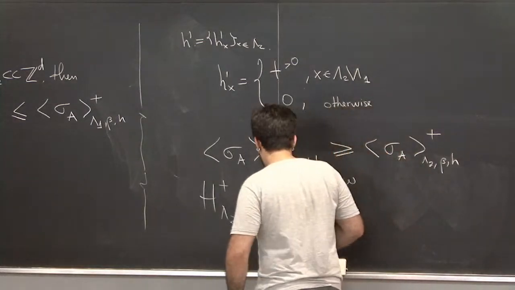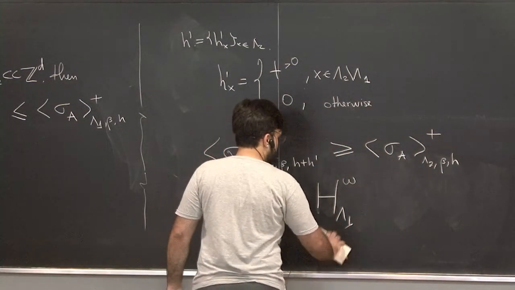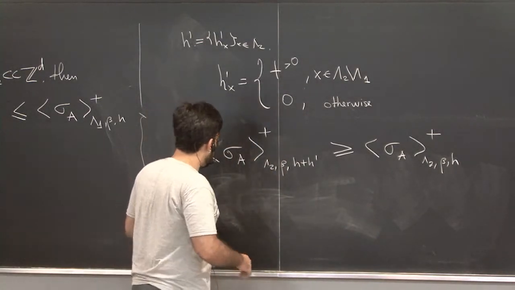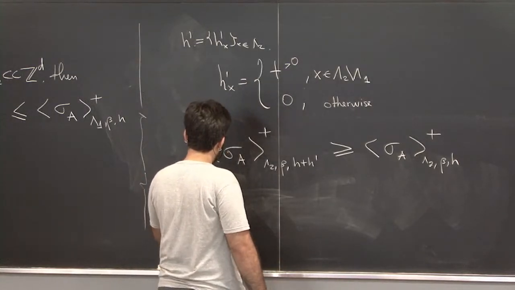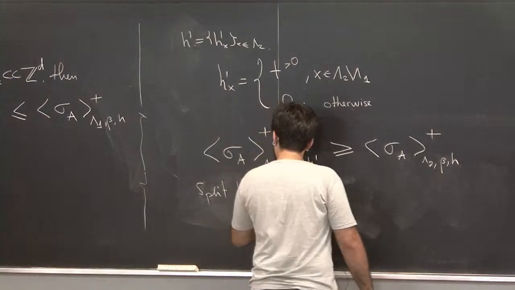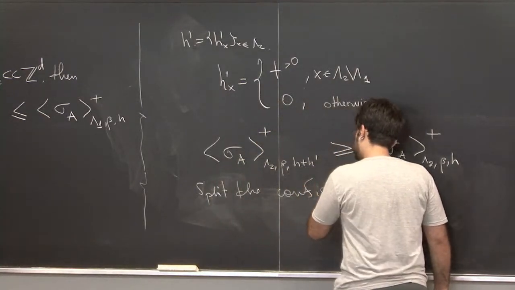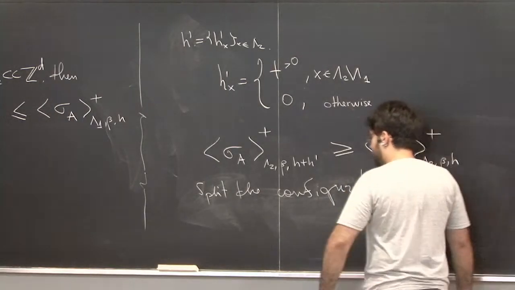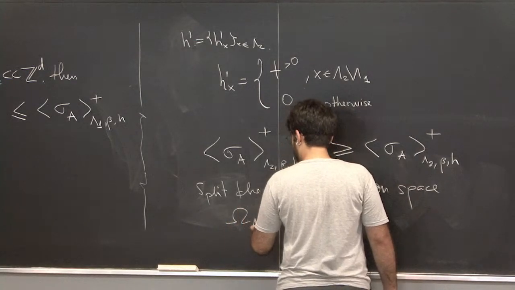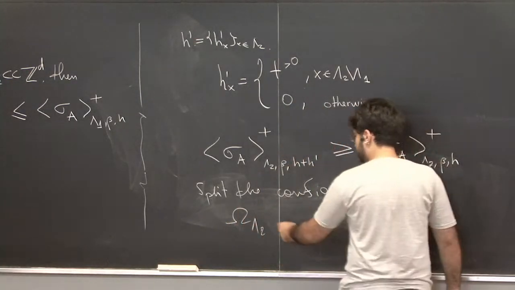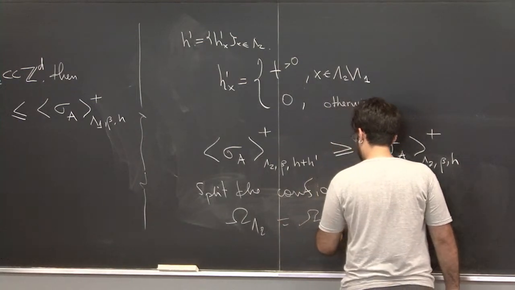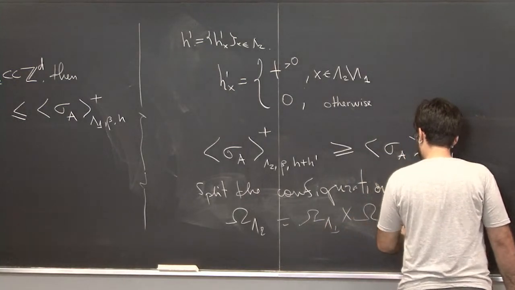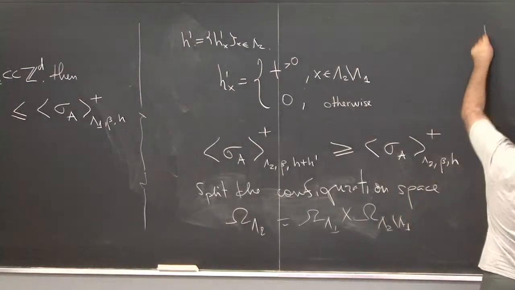First, to not confuse everyone, what we did is we split the configuration space in the larger box into two: the configuration space in the smaller box, and the configuration space in the remaining box.